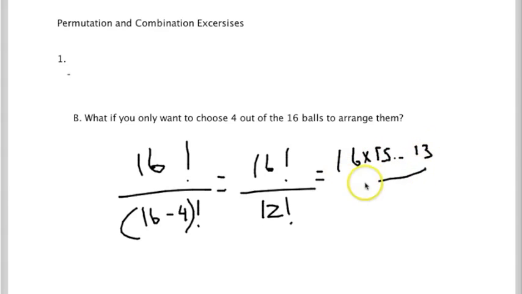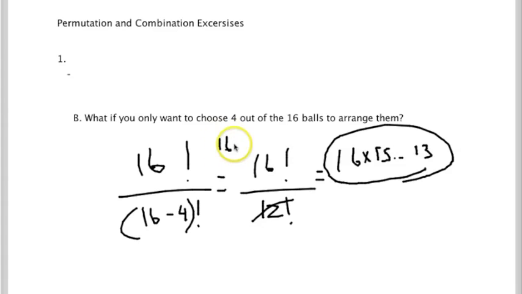Because 16 times 15 times 14 all the way to 13 gets multiplied by 12 factorial, so that cancels out with the 12 factorial. Okay, so you get 16 multiplied all the way to 13. So that's the answer for exercise number 1, question B. Okay, now let's go on to question 2 of the exercise.